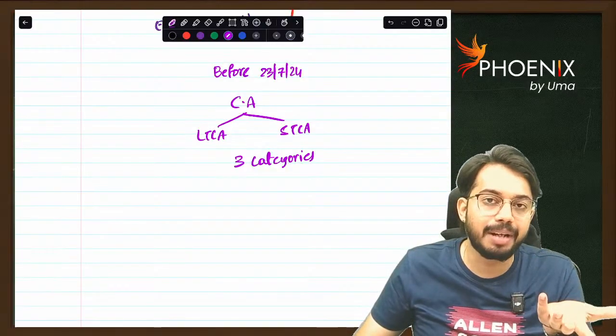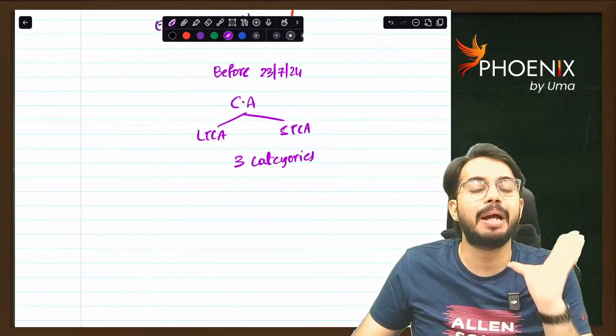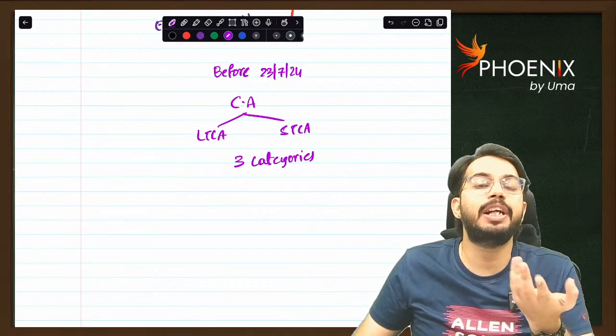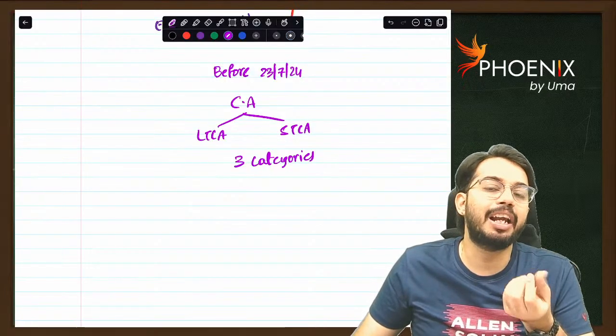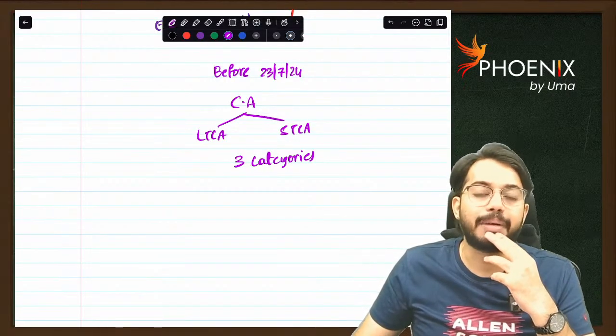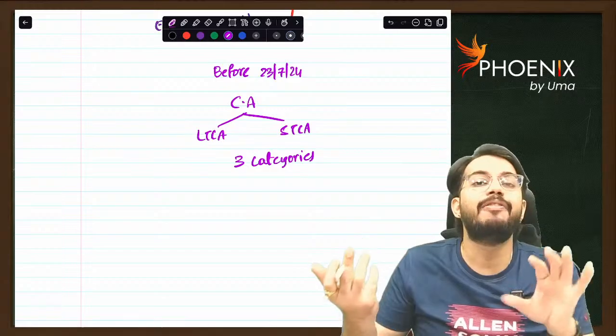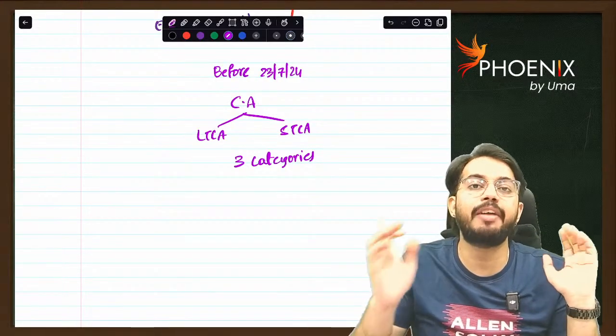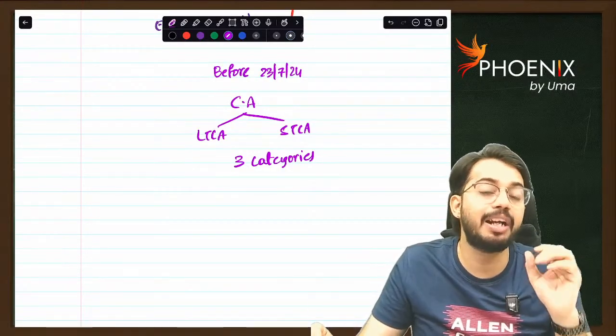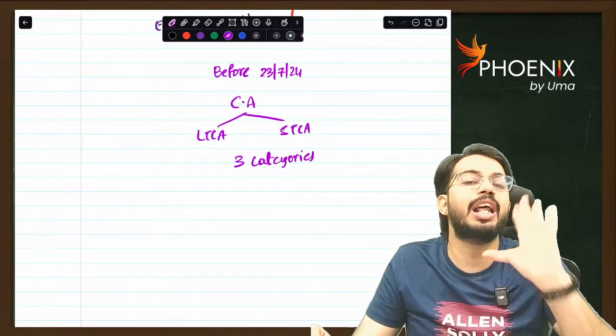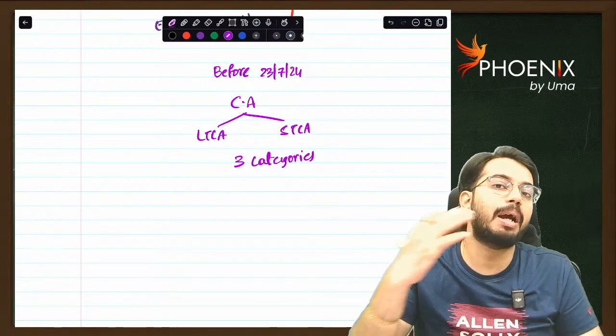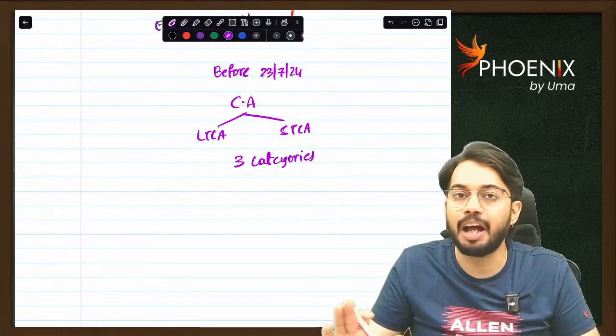Because if it is long-term capital asset, we will calculate long-term capital gain or long-term capital loss. If it is short-term capital asset, we will calculate short-term capital gain or short-term capital loss. Sir, what is the difference? For long-term capital gain, tax rates are different. For short-term capital gain, tax rates are different. So it is very crucial to determine whether a capital asset is long-term capital asset or short-term capital asset. Are you able to understand?